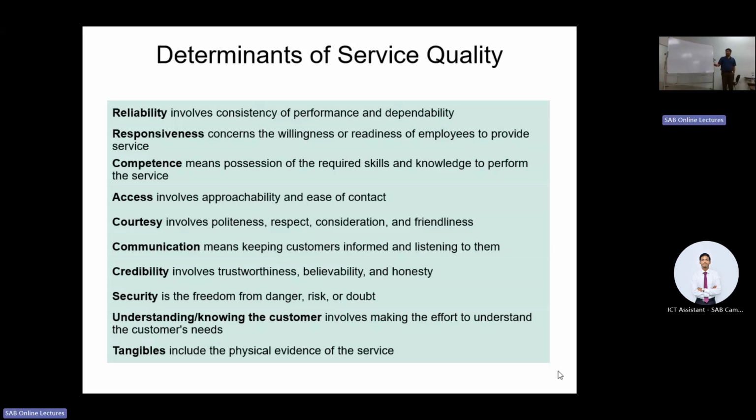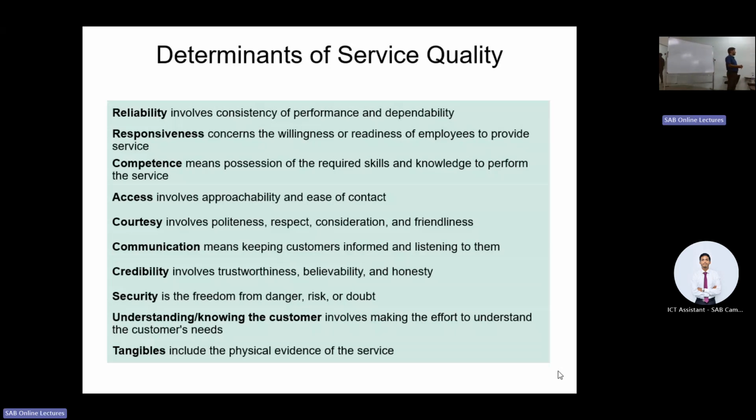Competence of the staff, access, courtesy, communication, credibility, security, knowing the customer, understanding the customer requirement, empathy, and also the tangibles: uniforms, furniture, the outlet, the layout.